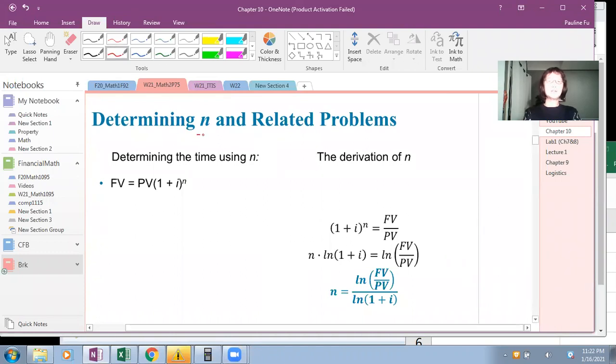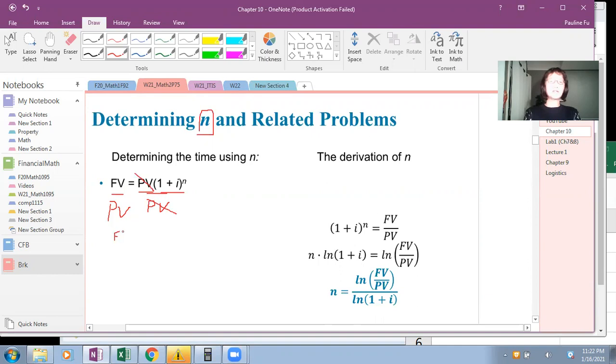How do we determine term N? Remember, we have the formula, future value equals present value times 1 plus I raised to power N. We rearrange this equation a little bit and we can solve for N. Both sides divide by PV, and PV cancels out.